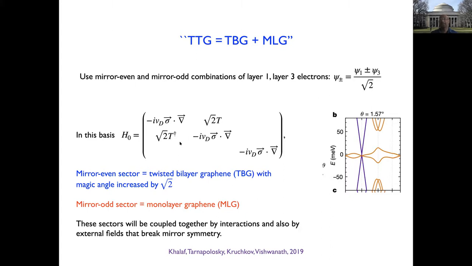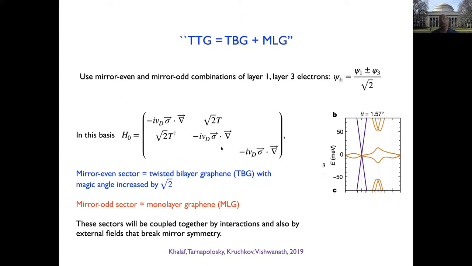And in this basis, this 3x3 matrix that I showed earlier simplifies into two blocks, a 2x2 block, which decouples from this 1x1 block. And this 2x2 block represents the mirror even sector, the plus linear combination here. And this looks exactly the same as the standard twisted bilayer Hamiltonian, except that there's a factor of square root 2 in front of the interlayer hopping matrix elements.